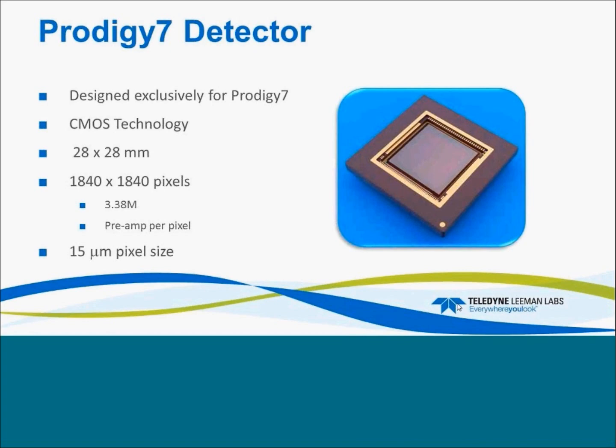And again, there's a preamp per pixel, and that really enhances the speed of the device, which we'll see in a bit. Working with the Teledyne scientific and imaging people, knowing what we wanted for the dynamic range, the size of the detector, the resolution and everything, we determined that the optimum size for our device in our instrument was a 15 micron pixel size. And we'll see the comparison with the LPAD pixel size in a bit.